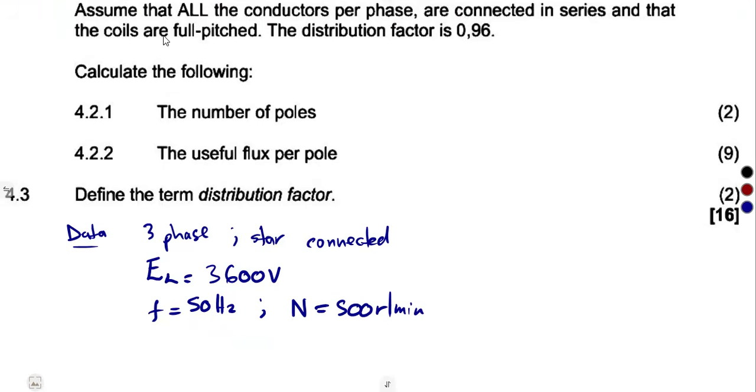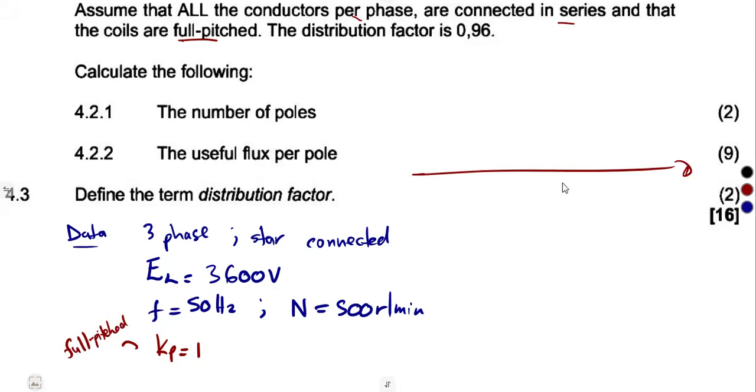All right. Then we are given, assume all the conductors per phase are connected in series and that poles are full pitched. Full pitched. We know this from our N5, our pitch factor will be equal to 1 because it is full pitched.